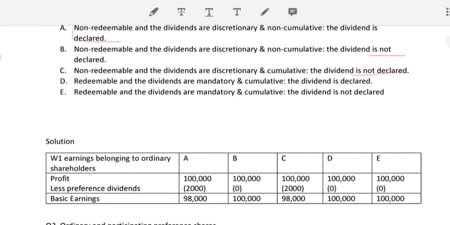I don't know why they have put 0 here at E, because this is cumulative.